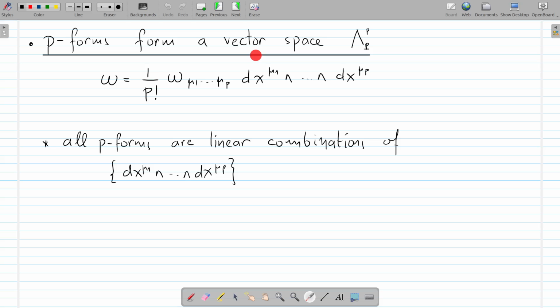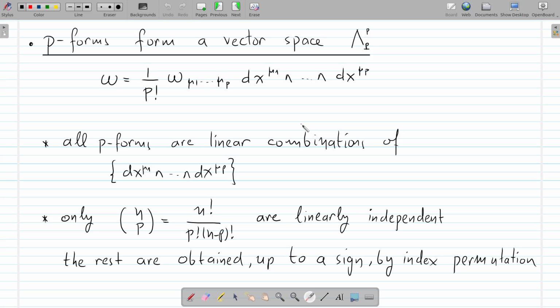But those 0p tensors, dx mu1 wedge up to dx mu p, are not linearly independent of each other. And this is because under the exchange of any of those, we simply change the sign of the vector.